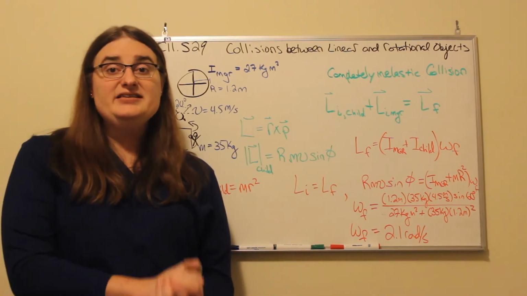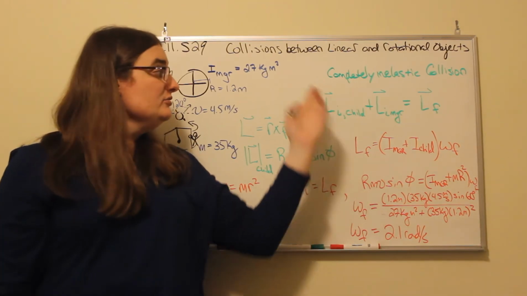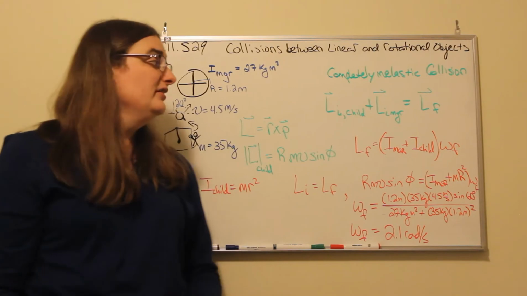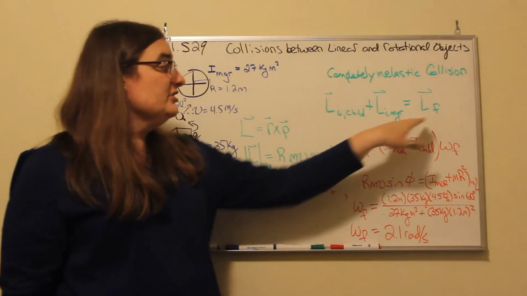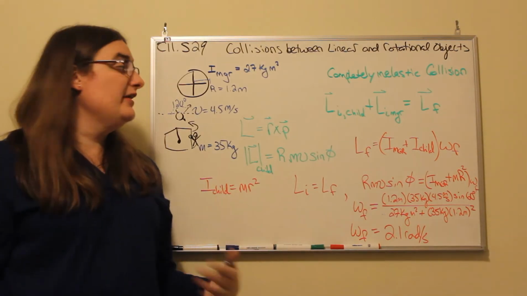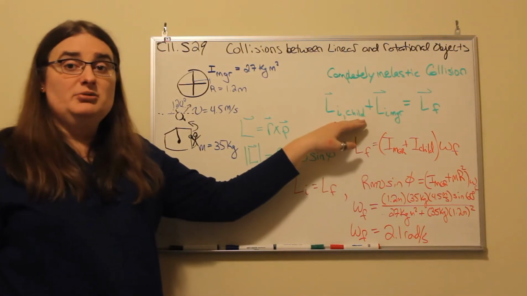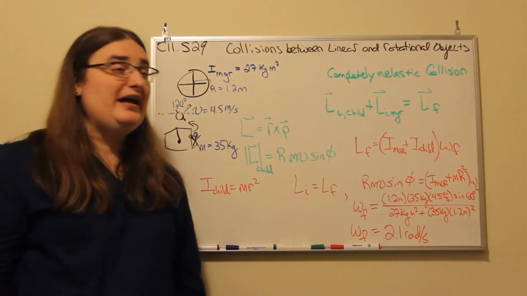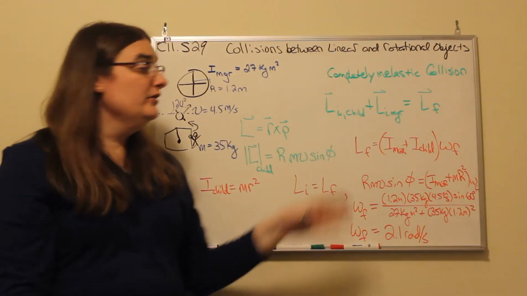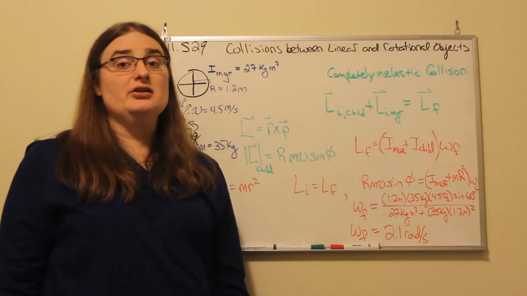Things have collided and stuck together. And those are the easy collisions, because if we have multiple objects before the collision, after the collision, we only have one object. So whatever angular momentum the child has, plus whatever angular momentum the merry-go-round has, gets added together. That's going to give us our final angular momentum.